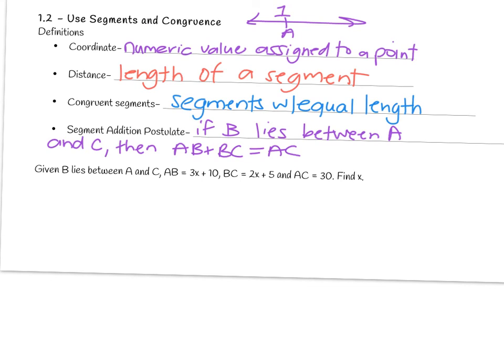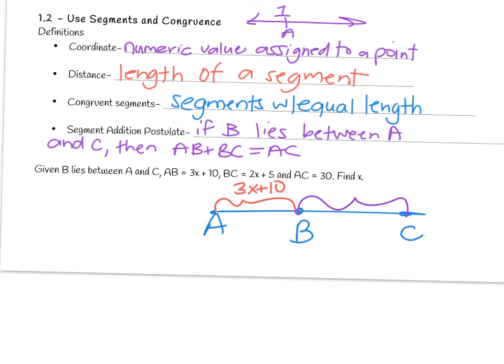So for an example, with the segment addition postulate, it would look something like this. Given B lies between A and C, AB is 3x plus 10, BC is 2x plus 5, and AC is 30. If you need the visual, give it to yourself. So if B lies between A and C, B is somewhere in between, not necessarily the middle, but somewhere in between. AB is 3x plus 10, and BC is 2x plus 5, and the whole thing is 30.